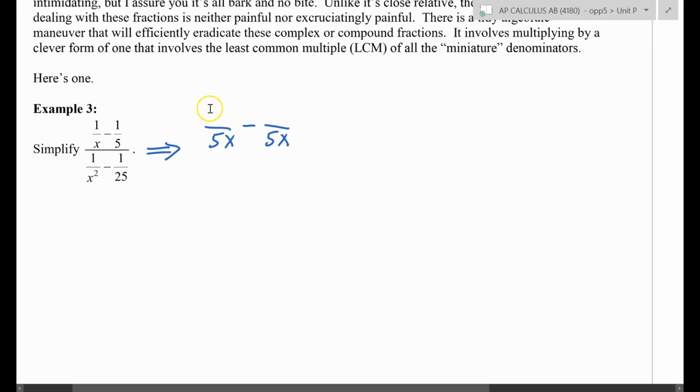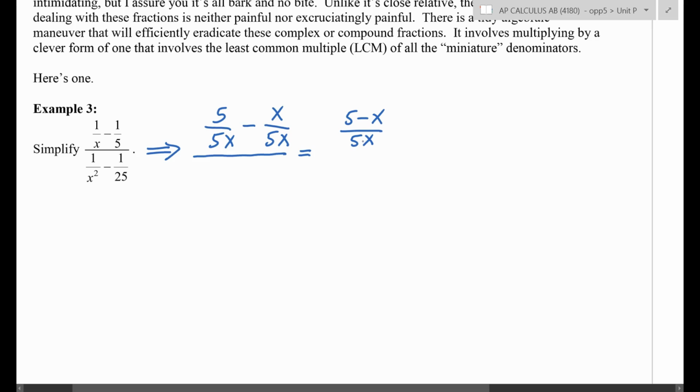So what do I need to change the top of this first fraction to be? A 5. I went from 5 to 5x. So what do I need to add to the second fraction? An x. So now that I have a common denominator, I can put those 2 fractions together, right? So that's going to be 5 minus x all over 5x.